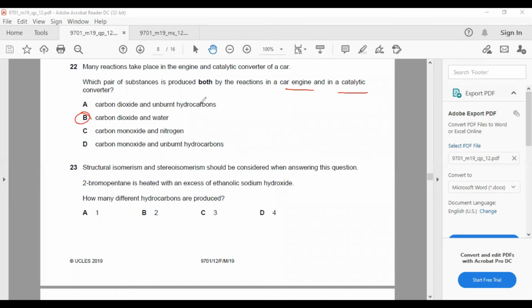Unburned hydrogen is not formed in the car engine. Nitrogen is not formed in the engine. In the catalytic converter, carbon monoxide is not formed. C or D wrong.